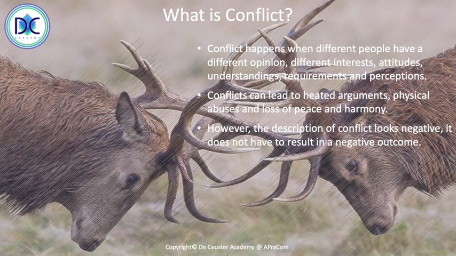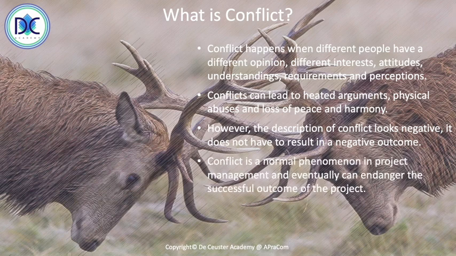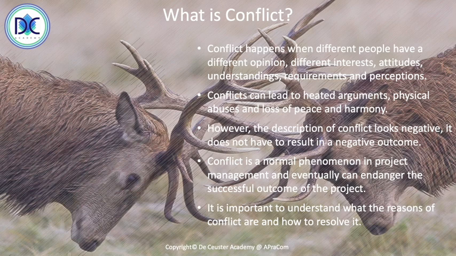However, the description of conflict looks negative. It does not have to result in a negative outcome. Conflict is a normal phenomenon in project management and also in life, and eventually can endanger the successful outcome of the project. It is important to understand what the reasons of conflict are and how to resolve it.